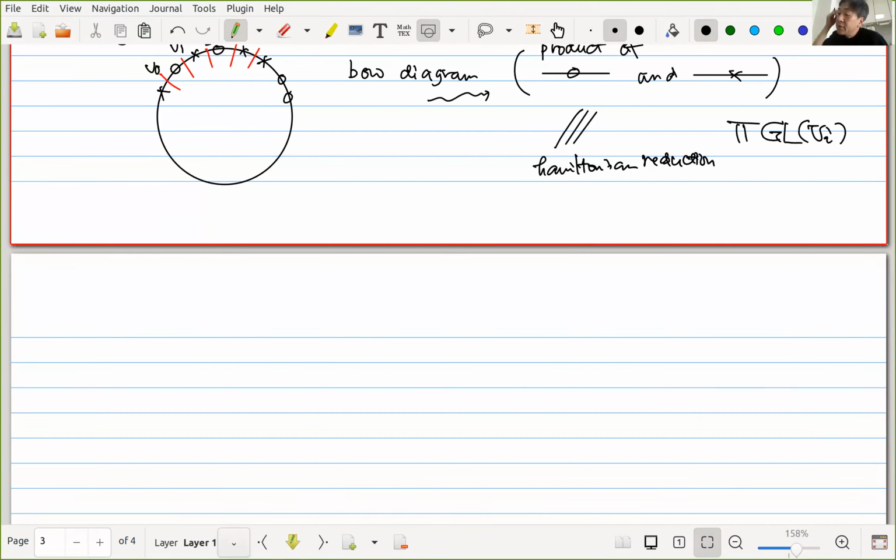And as in the case of quiver varieties, when I take Hamiltonian reduction, you can perturb the equation, the moment map.